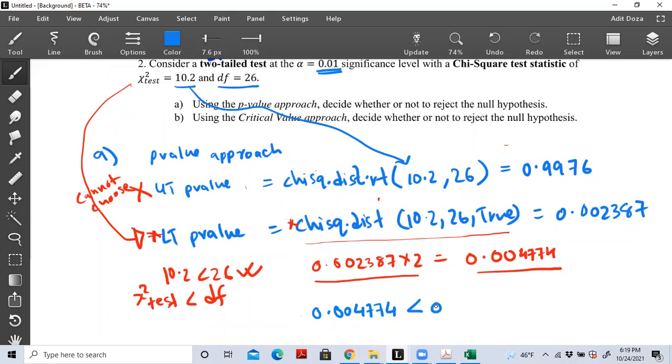So it is less than 0.01, right? Yeah. So we reject H0. And if you reject H0, we accept HA, the alternative hypothesis. So yeah, these are very straightforward for the p-value approach.